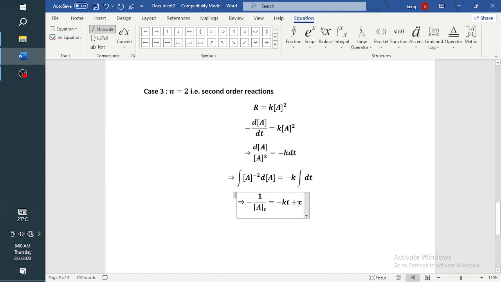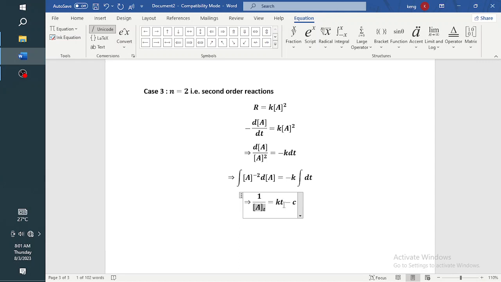Let's divide all through by the negative: the negative goes, here becomes positive, and here becomes negative. So if I plot a graph of 1 over the concentration against time, I'm going to get a straight line graph. But if I plot a graph of the concentration against time, it's not going to be a straight line.